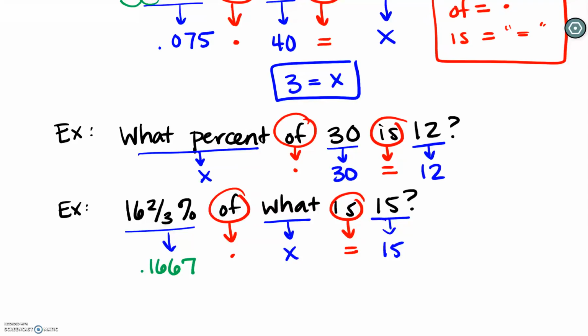Now, for both of these examples, the thing that we are trying to find, our x, is not alone. So we have one more step. In the first question, this was 30x is equal to 12. Just going to go ahead and do the 30 times x when we write it that way. And if you want to get x alone, we divide both sides by 30.